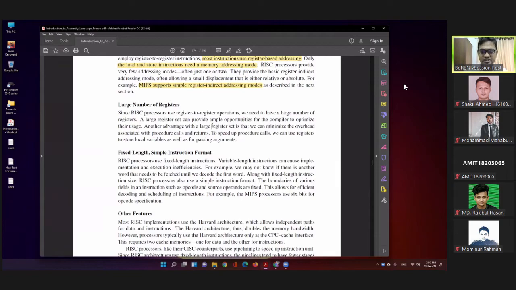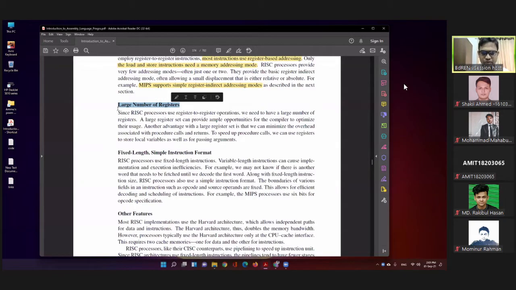That's why the size of the register is bigger comparatively. If you compare with the CISC types of processor, this processor has a larger size, and the number of registers is more compared to the CISC processor. So they have a large number of registers.